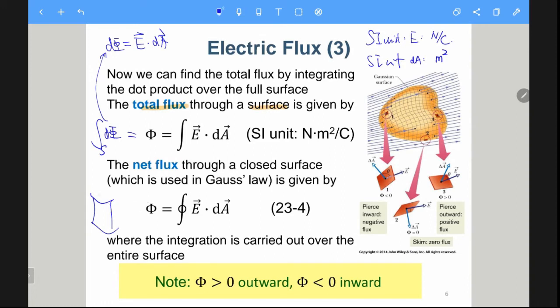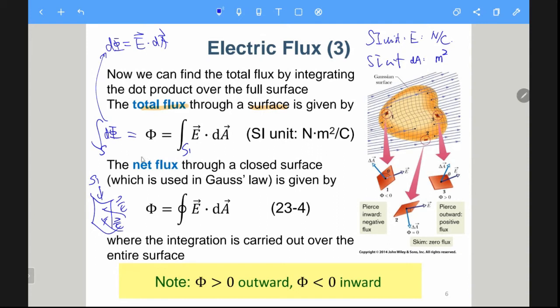We call it S1. So this one is the integration over S1 of E dot dA, and it will be the flux. Suppose we have some E field going through this surface. Then we define the total flux by this surface integration.